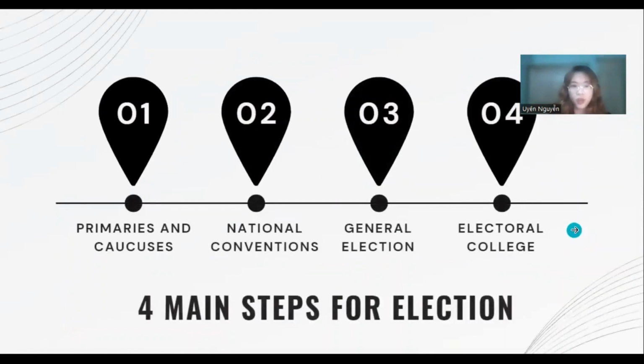The first one is primary and caucus. There are many people who want to be president, each with their own idea about how the government should work. People with similar ideas belong to the same political party. This is where primary and caucus come in. Candidates from each political party campaign through the country to win the favor of their party members.